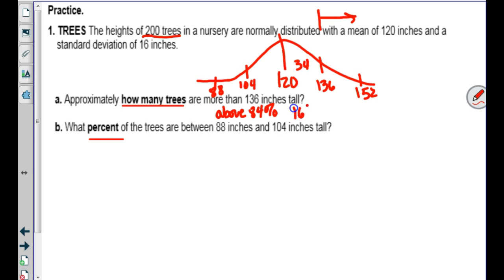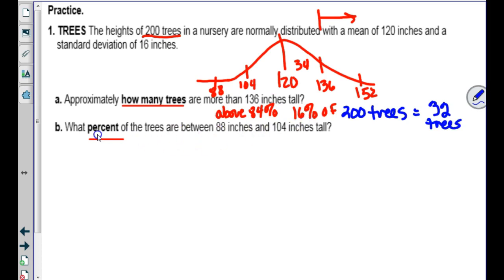So that leaves 16% of the trees, which in this case, how many trees did we have? So it's 16% of the 200 trees. So about 32 trees would be more than 136 inches.